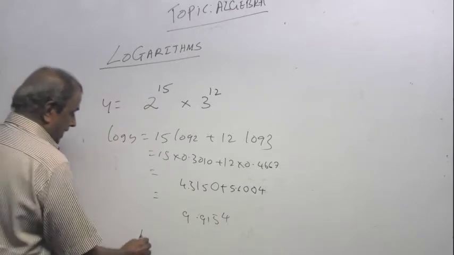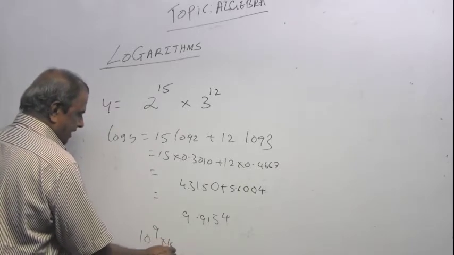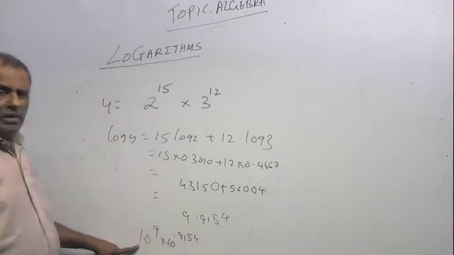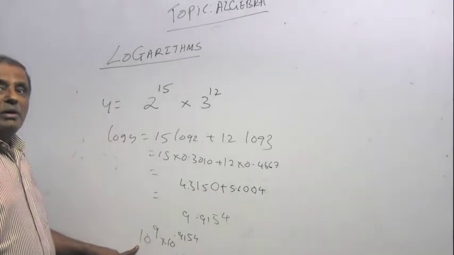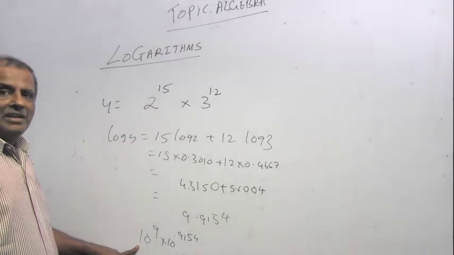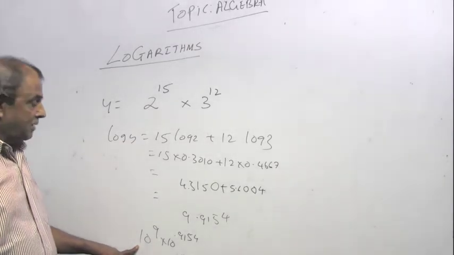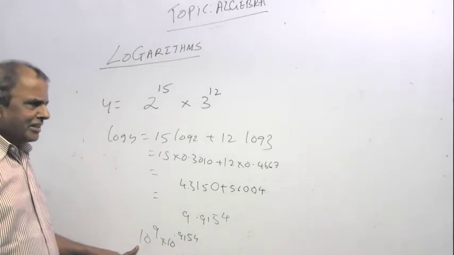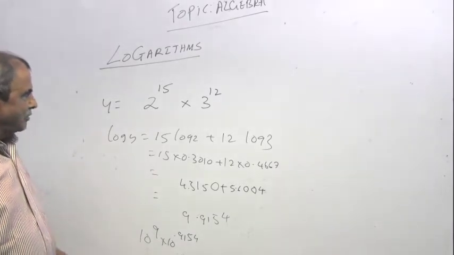Then I would do 10 power 9.9154. That means I know the answer is of the order of 10 power 9, or more. 10 power 9 means 1,000 million, which I think is a billion. Yeah, the order is in terms of a billion.